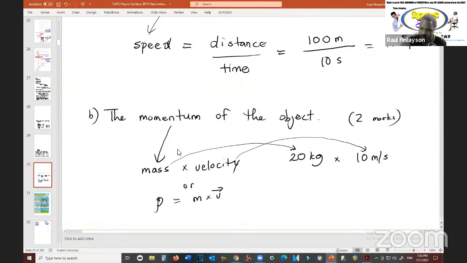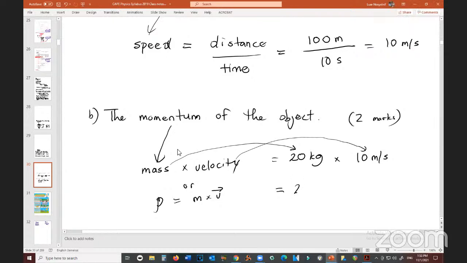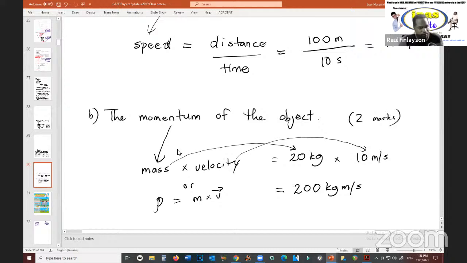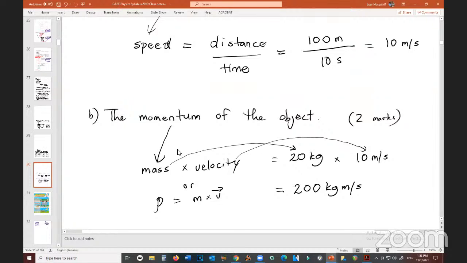And when you multiply these two numbers together, you're going to end up with what number? 200. Right. That's it. As simple as that.